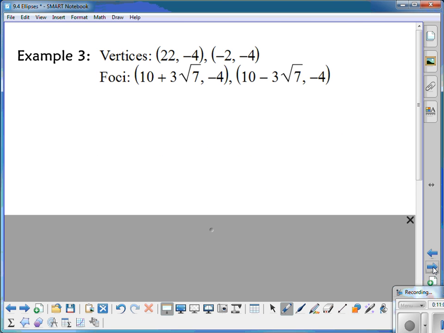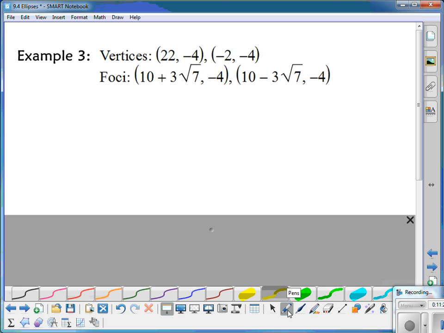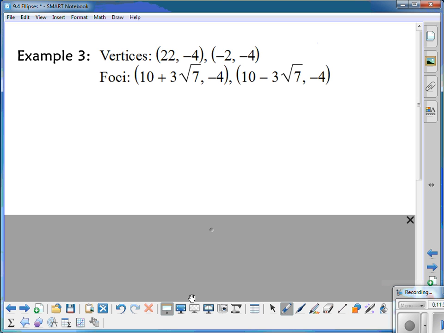Okay, so now we'll do one where they give us the vertices and the foci. So looking at my vertices or my foci, both of those are on the major axis. So I'm noticing that I'm changing in the x direction. So this one has to be horizontal.